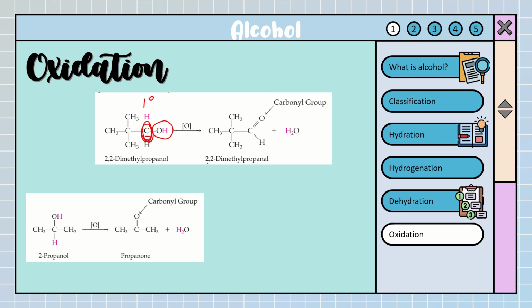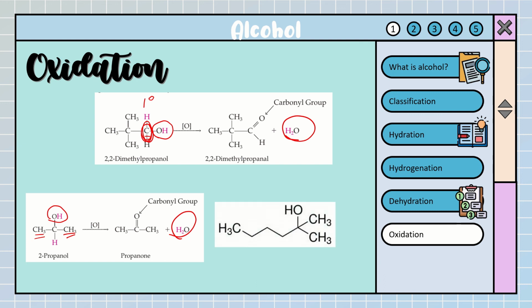So our product now is 2,2-dimethyl propanal and water. Another example here: we have a secondary alcohol because our hydroxyl-bearing carbon has 2 R groups attached. And therefore, we have propanone as our product and a water.